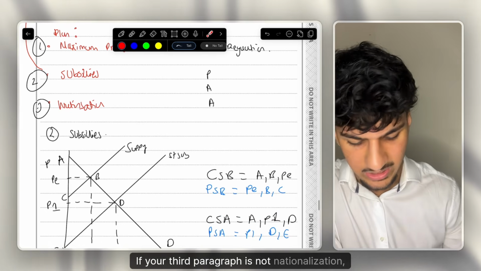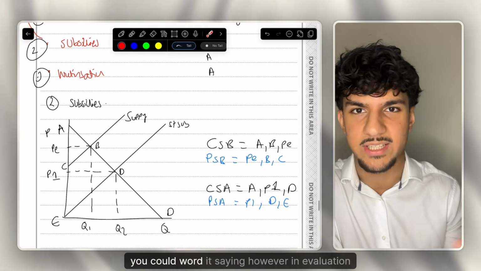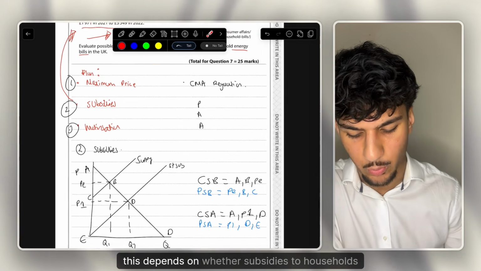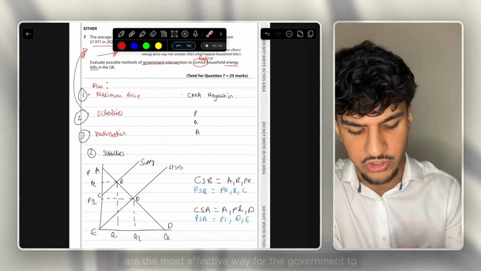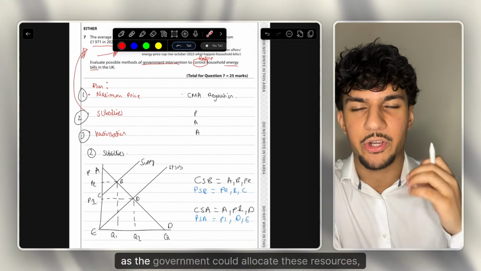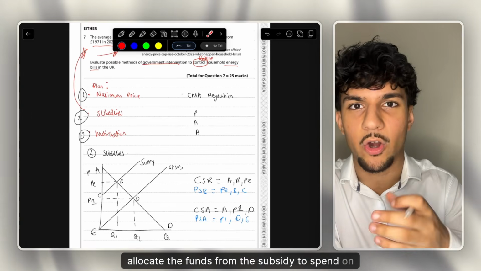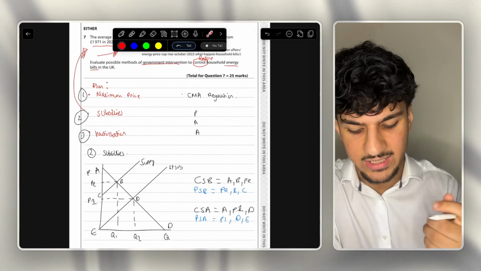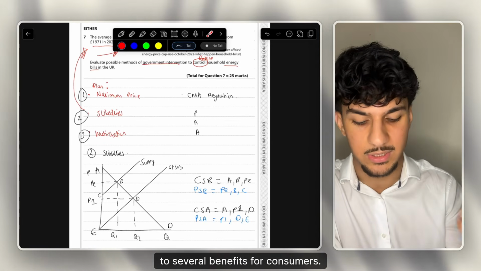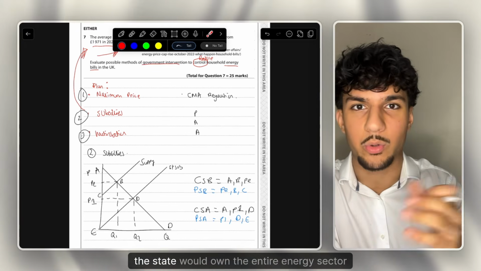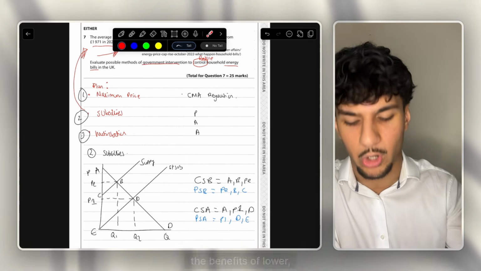If your third paragraph is not nationalisation, maybe it's more to do with CMA regulation. You could word it saying, however, in evaluation, this depends on whether subsidies to households are the most effective way for the government to control household energy bills, as the government could allocate the funds from the subsidy to spend on the process of nationalisation, as if the energy sector is nationalised, it would lead to several benefits for consumers, as the state would own the entire energy sector, therefore would experience the benefits of lower prices.